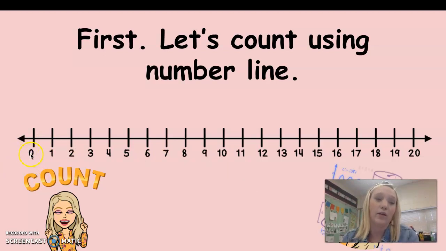Ready? 0, 1, 2, 3, 4, 5, 6, 7, 8, 9, 10, 11, 12, 13, 14, 15, 16, 17, 18, 19, 20. Great job. Now we're going to start from 20 and count backwards, all the way back down to 0.